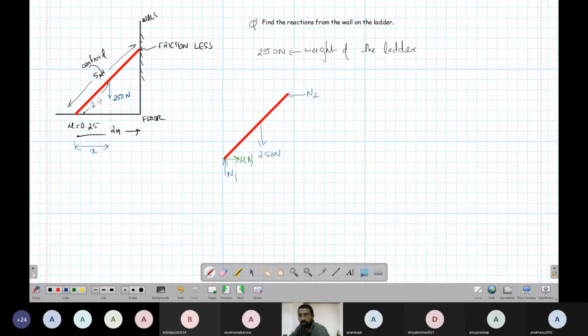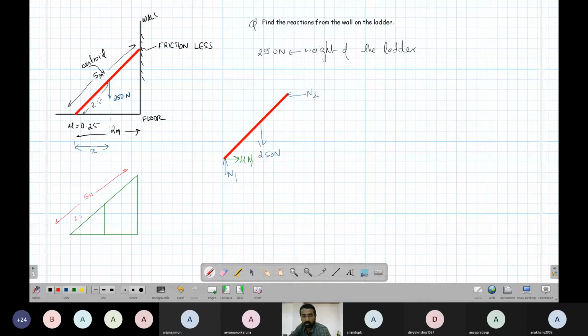Arjun, tell me, how do you find X? Any ideas? How do you find this distance? This is 5 meters.